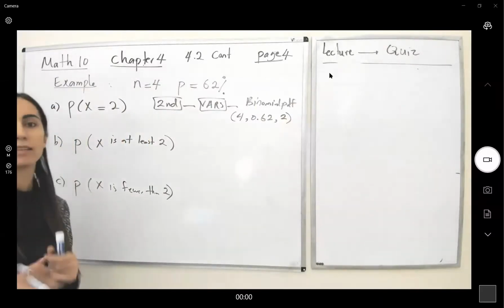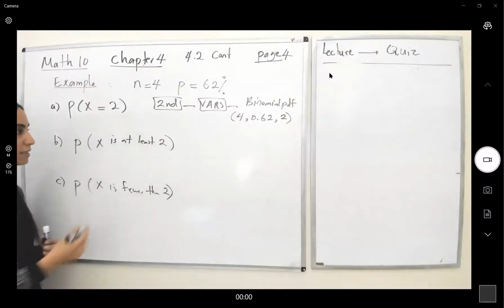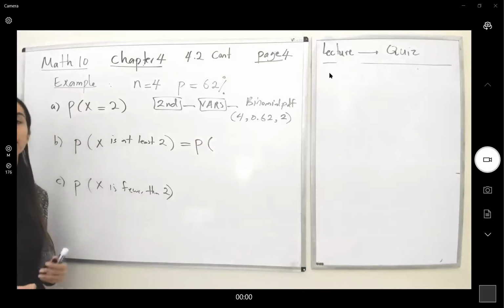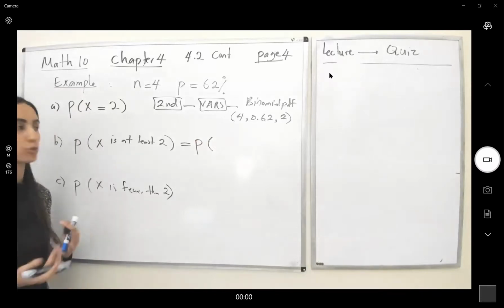X is at least 2. What's the meaning of at least? This is P of x greater than or equal to 2.